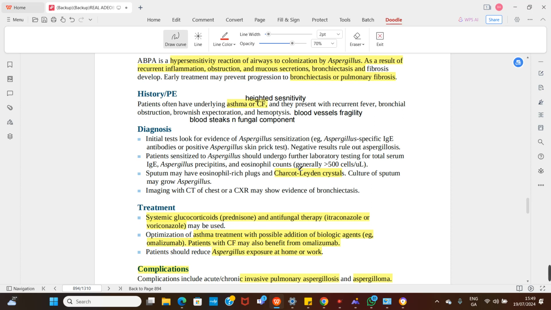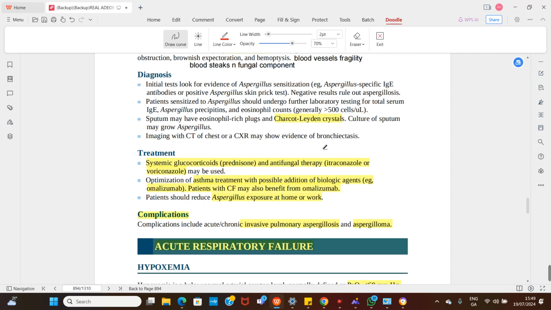If you do your chest imaging, you see evidence of bronchiectasis, which involves the what? Presence of signet ring sign, dilatation of the bronchus more than the pulmonary vessels, with presence of cystic swelling just at the distal end of the bronchial airways. How do you treat these guys?